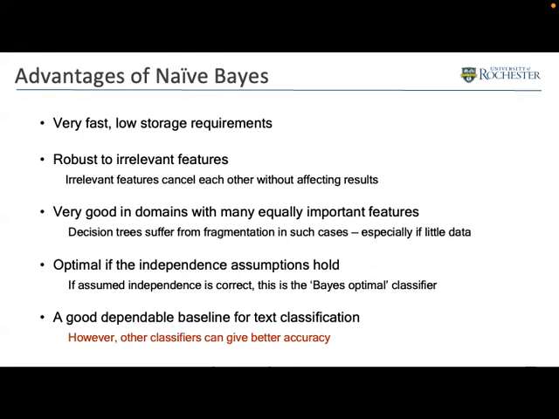The weight and the gender may have some kind of relationship. If there is a relationship between the variables, then using naive Bayes may not be an optimal choice. But still, it will be a very good baseline if we want to do text classification.